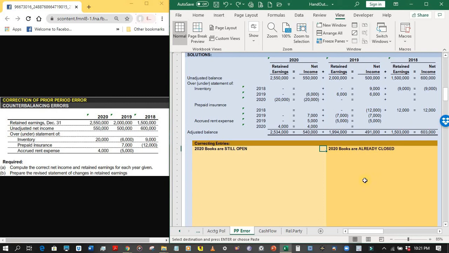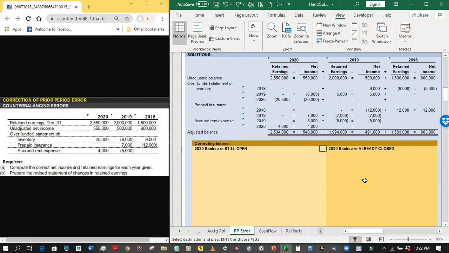So among the books 2020, 2019, and 2018, the books in 2019 and 2018 were already closed because the current year is 2020. So our first assumption is, what if the 2020 books are still open? So we can still adjust the nominal accounts.